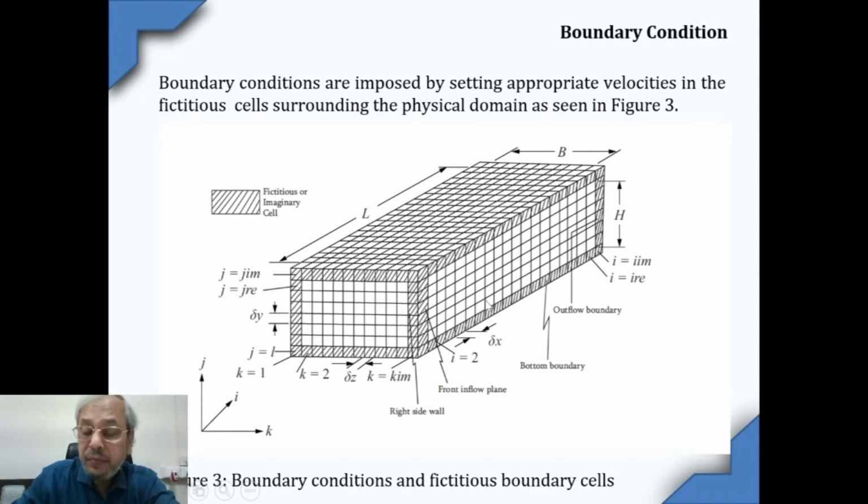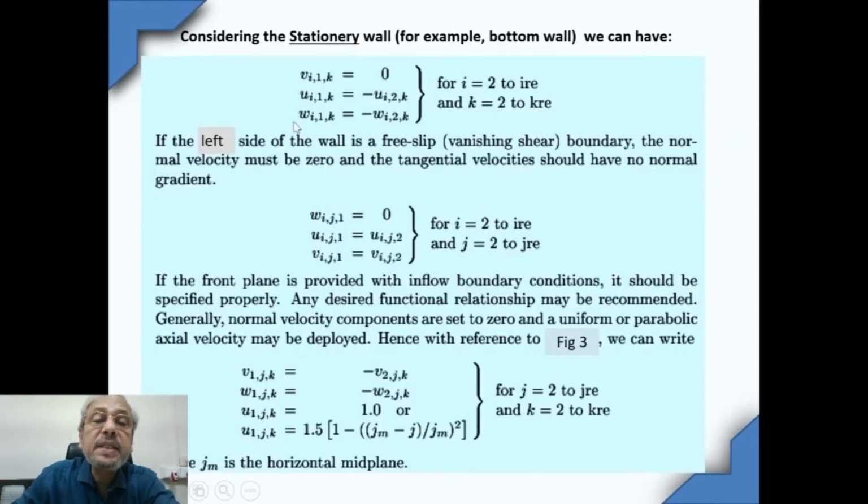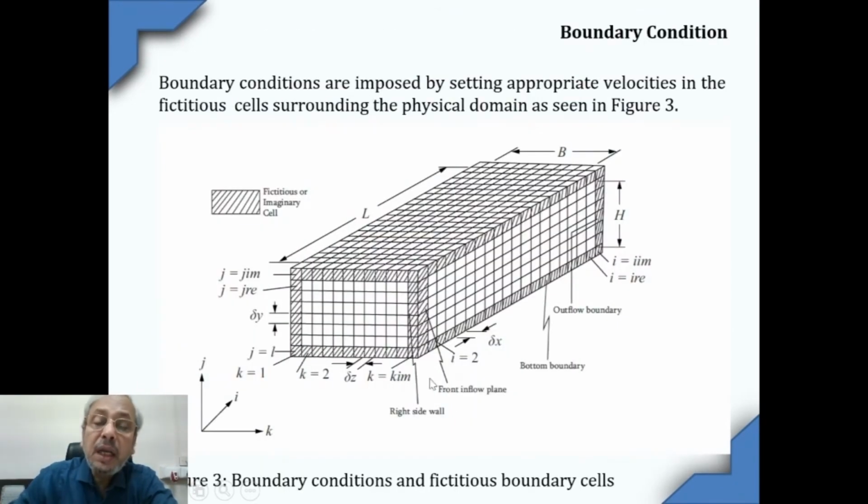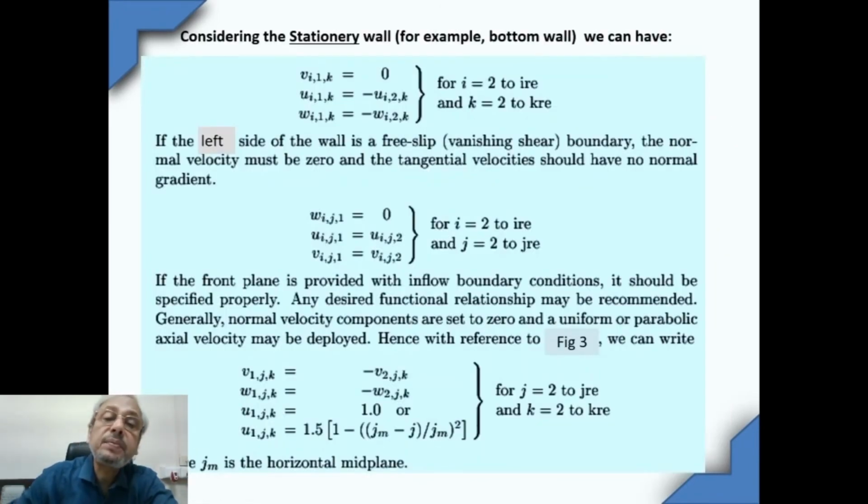So the velocities UI1k are to be interpolated with UI2k in such a way that the bottom wall can be defined, or on the bottom wall U velocity satisfies the no slip boundary condition.